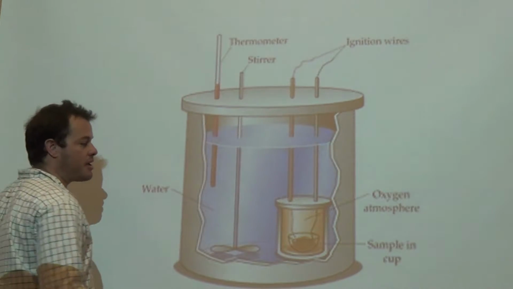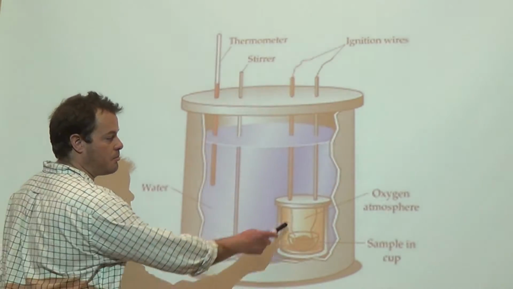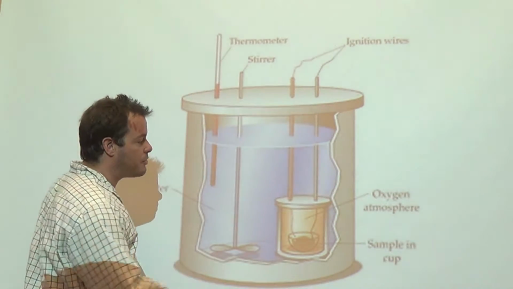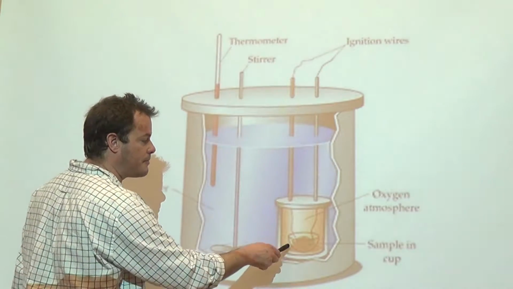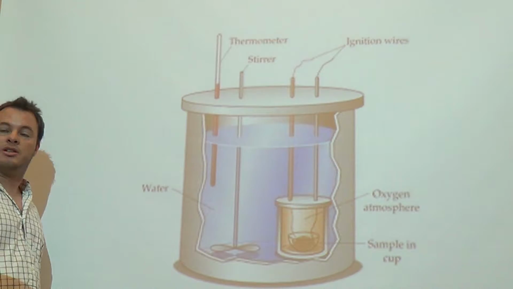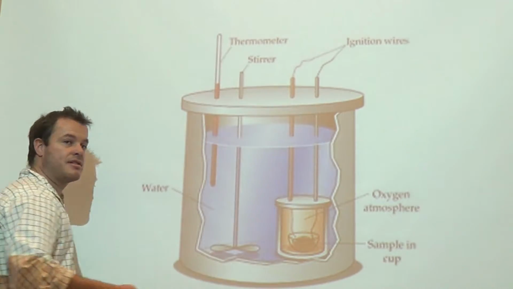This reaction proceeds, and if this is a combustion reaction, we said combustion reactions were very useful, we pump a bunch of oxygen down in here, and we run the combustion reaction, and some amount of heat is released.